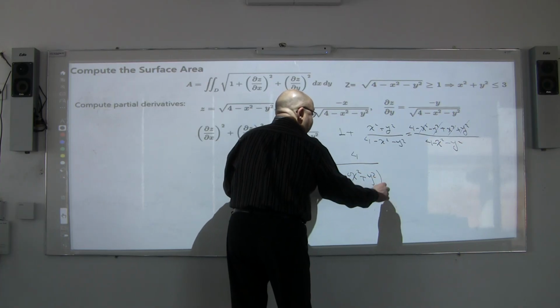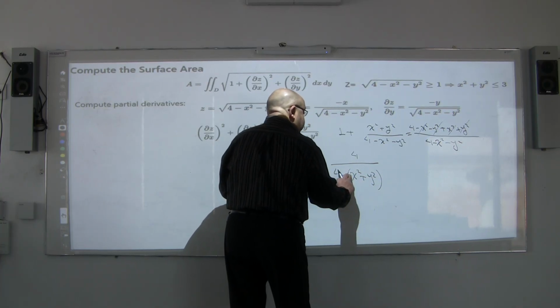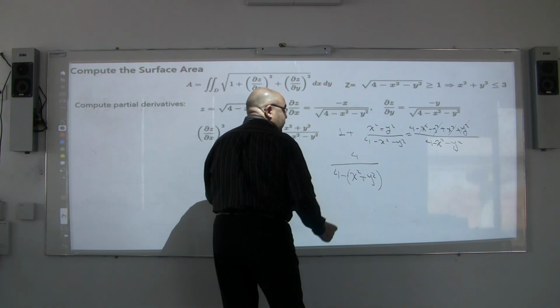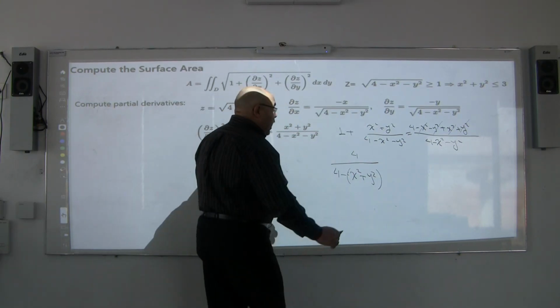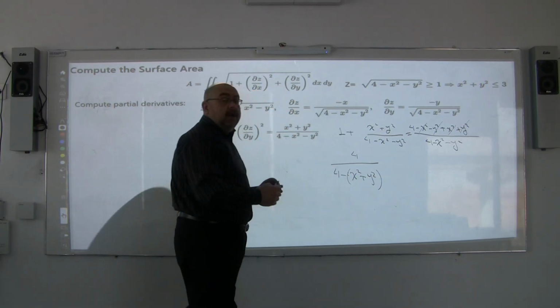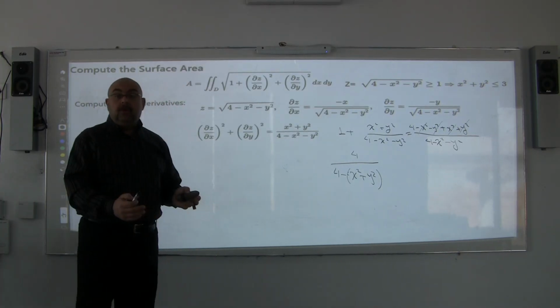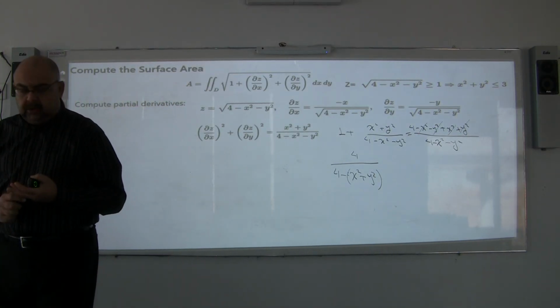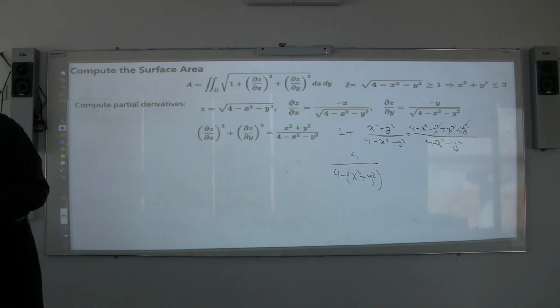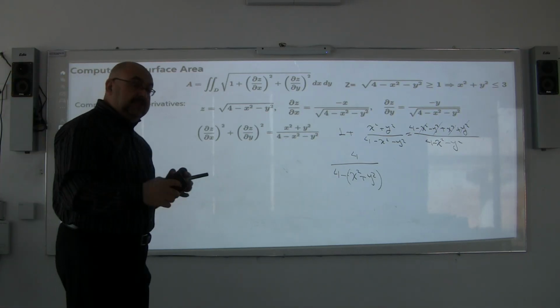I would like to write it this way, so it's going to be 4 minus x squared plus y squared. This is going to help me out when we change into polar coordinates, as you will see shortly, because we are talking about a circular disk.